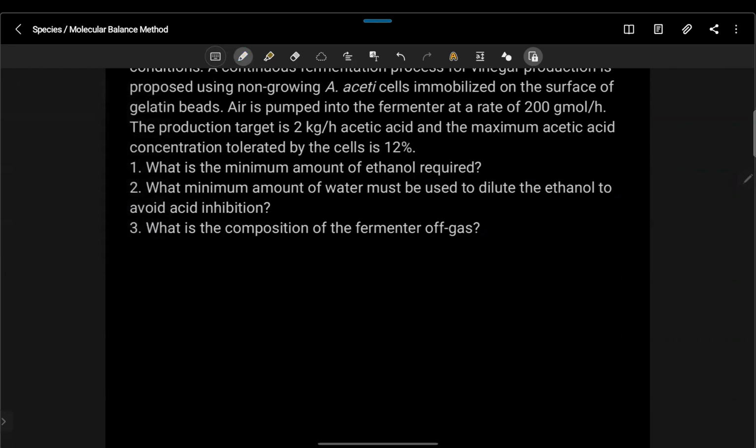Okay? So, si fermentation daw, okay, you're utilizing ethanol. Okay? Yung cells na yon, ethanol daw yung kanilang carbon source. So, C2H5OH. Alright? And aerobic daw yung process. So, of course, meron tayong oxygen.